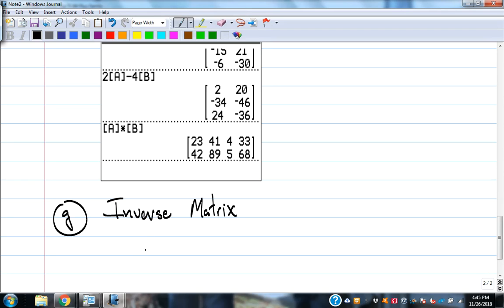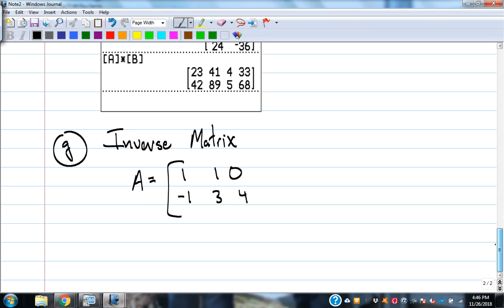Inverse matrices, my biggest thing for you to do is just be able to find an inverse matrix. And an inverse matrix only exists for square matrices, and it doesn't exist for all square matrices.